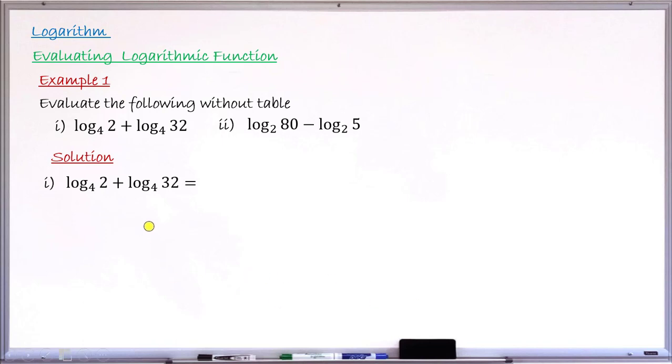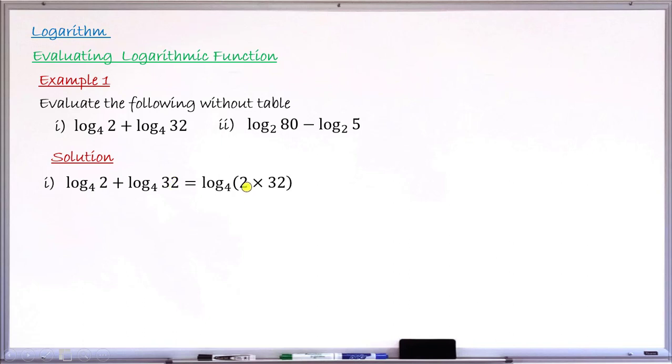So here I apply the first law: log to base 4 of 2 plus log to base 4 of 32, because it's the same base 4, I can now rewrite this as log to base 4, then open bracket, 2 times 32, this number multiplied by this number 32.